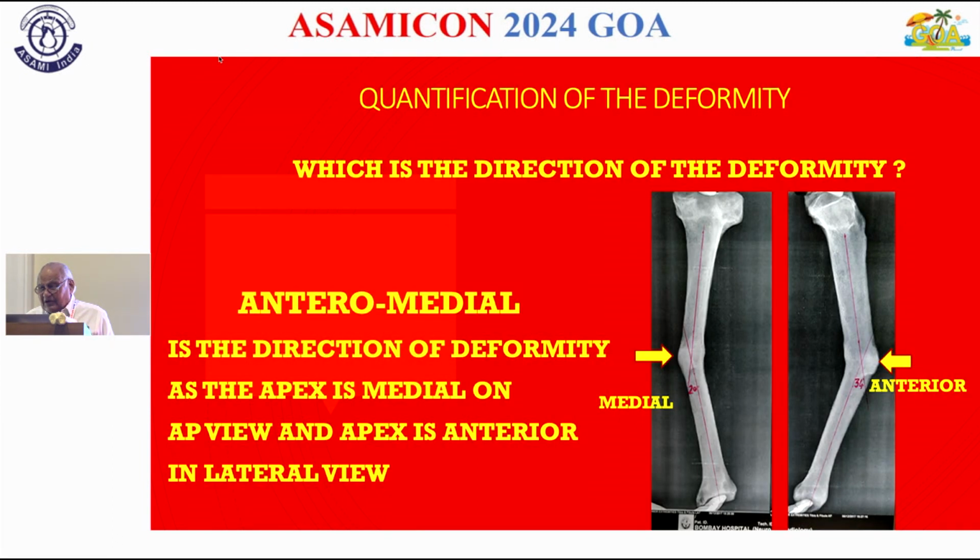So how to find out the deformity? You take an AP view and find out the direction of the deformity, as the apex is medial on AP view and the apex is anterior in lateral view.